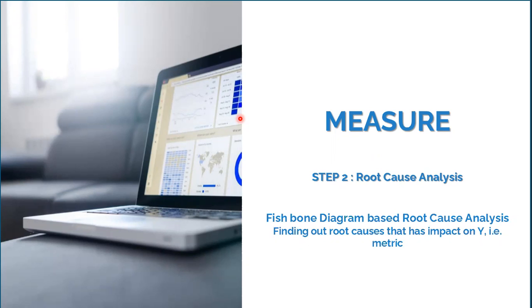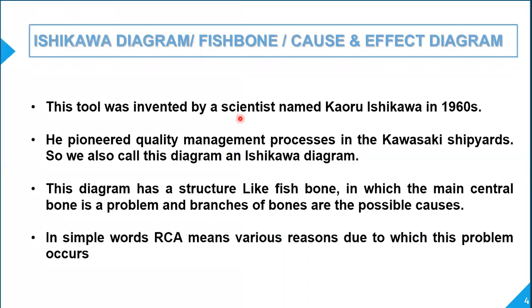So step 2, root cause analysis. Fishbone diagram based root cause analysis is all about finding out root causes that have an impact on y. That's the project y, the metric we're working upon. So let's go to the next step.